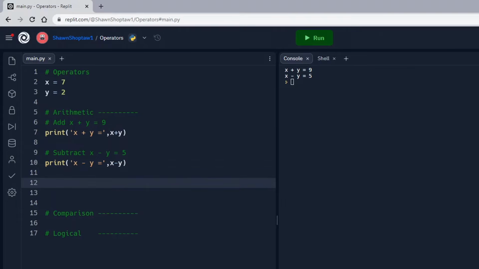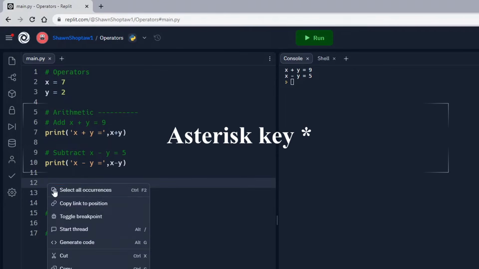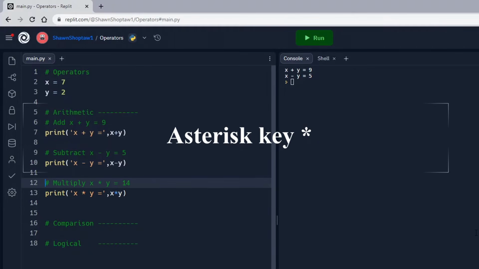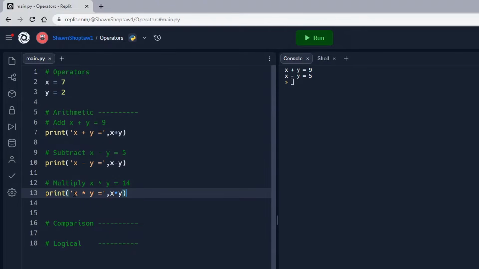Our next function is going to be multiply. The way we multiply in Python is we use the star key. The star key is going to be above the number 8, so shift and then the 8. And we have x times y, and our output's going to be 14.